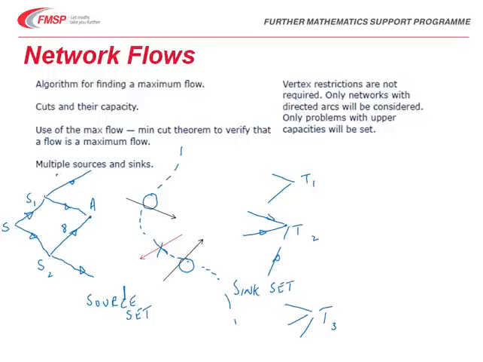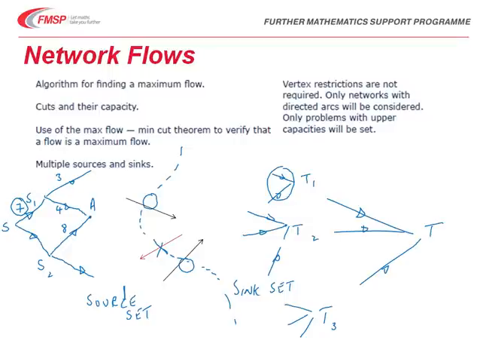So if S1 had 3 and 4 as its capacities, then the arc from S to S1 would have to have at least 7 as its capacity. And likewise for the sinks, we would have each of these joined to a supersink T, where again the capacity was sufficient to take everything that was coming into T1, T2 and T3. So in other words, we're not having any restrictions anywhere.